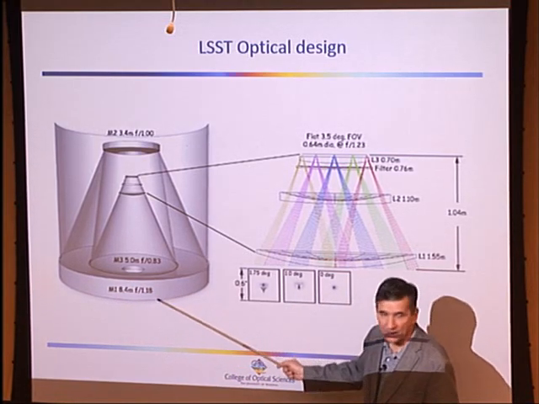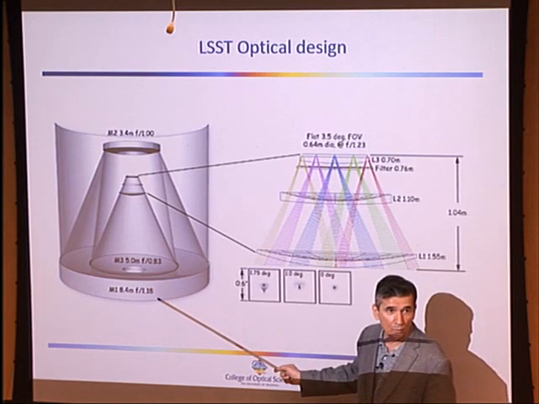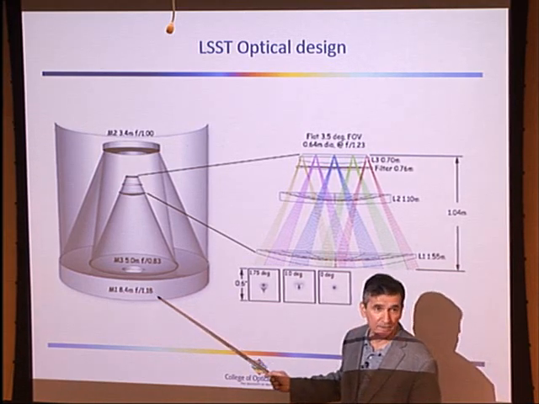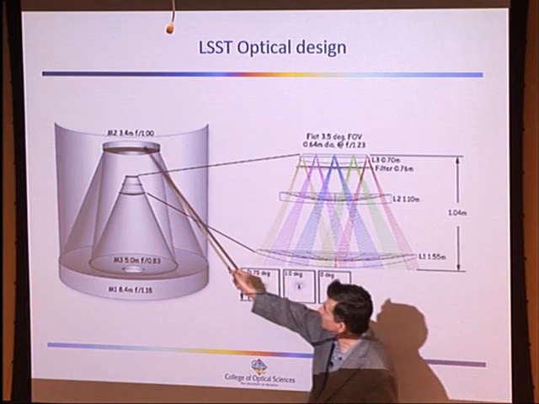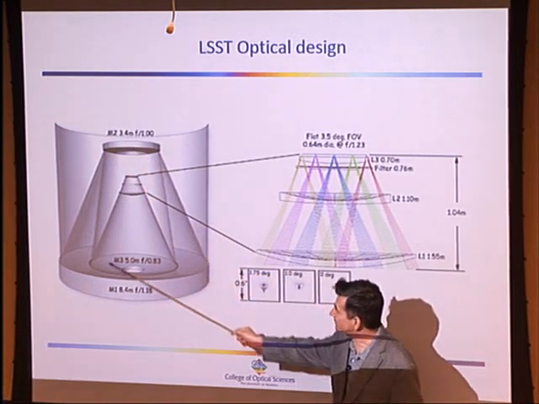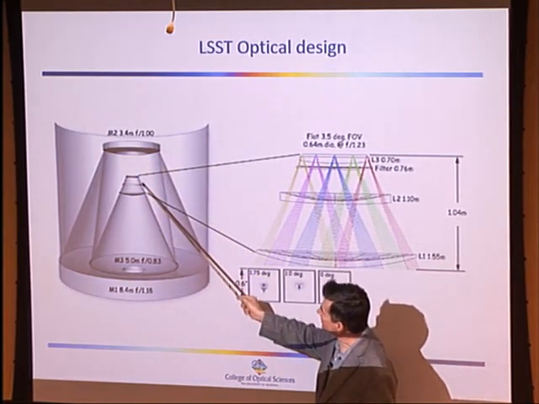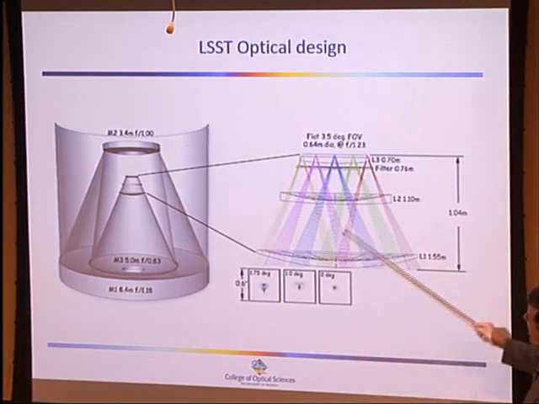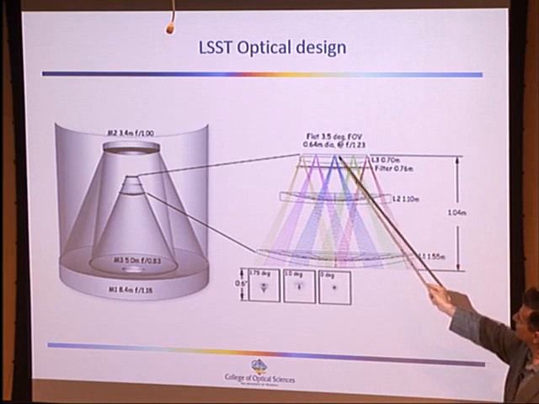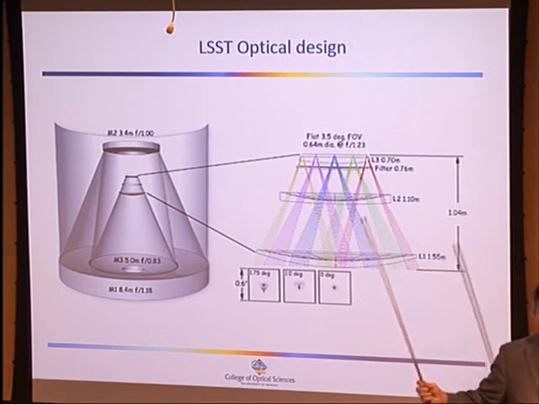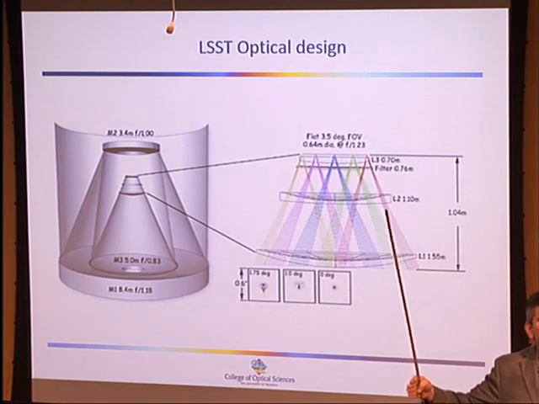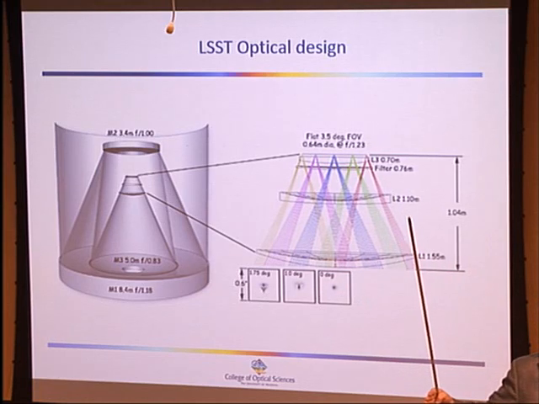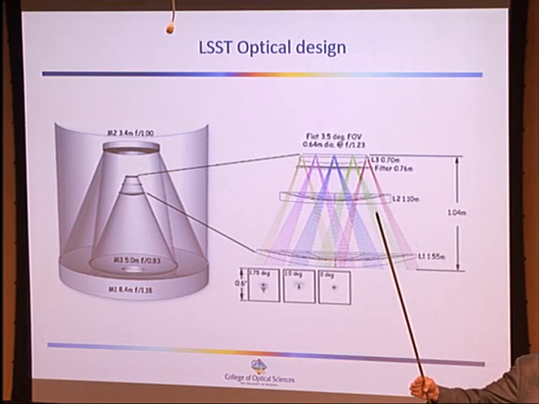The F number of the primary is F/1.2, which is very fast. And then it has a secondary mirror, and then a tertiary mirror, and then a system of 3 lenses which are expanded here to produce a very, very good image over a diameter of 600 millimeters. It's about this size, the image size.